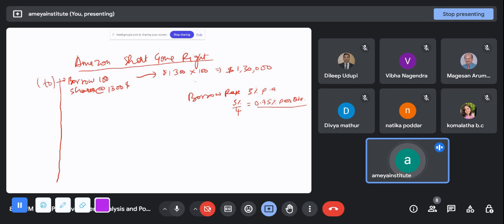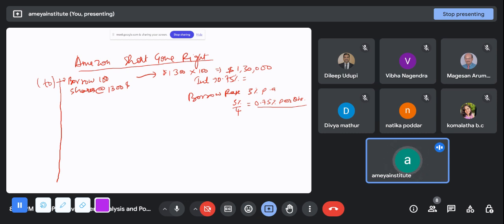Because after 3 months we are expecting that prices may go up or go down, right? So now can we calculate the interest on this? Interest of 0.75%.